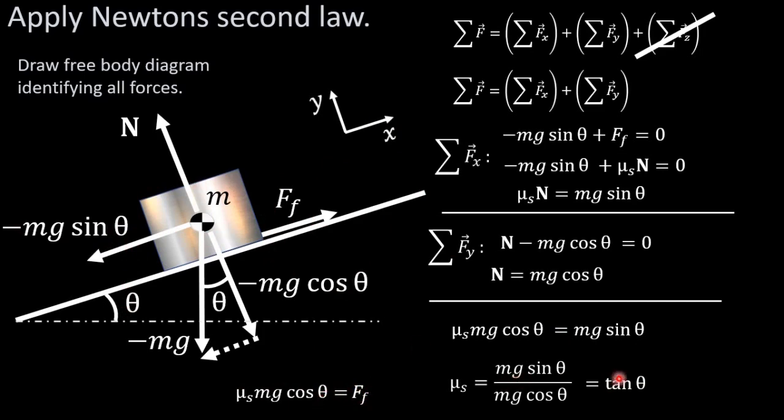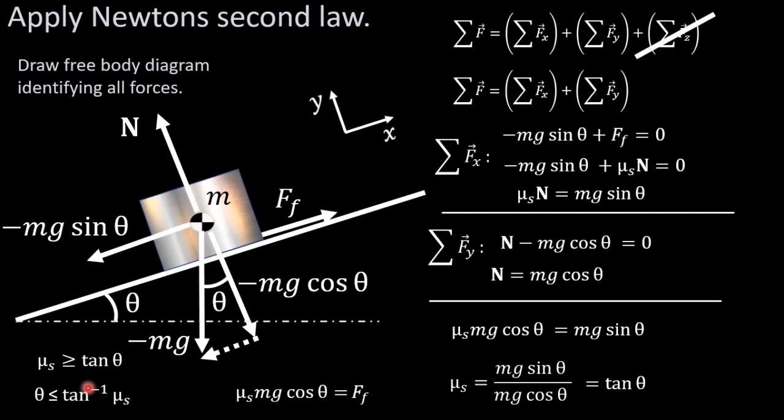However, this condition only applies when the coefficient of static friction is greater than or equal to tan theta. So tan of whatever angle we put this incline at has to be less than or equal to the coefficient of static friction. If theta exceeds a certain limit, this mass will start to slide. We can also say that theta has to be less than or equal to inverse tan of the coefficient of static friction.